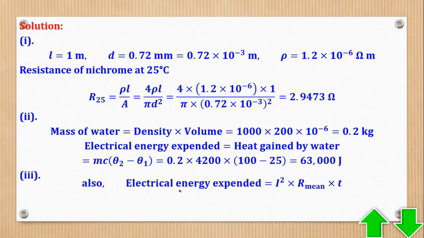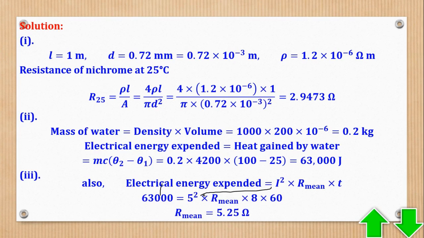So also we know that electrical energy expended is equal to I squared RT, and this will be R mean resistance. They will substitute for this, substitute for this, and substitute for this. So this was 8 minutes, you have to convert to seconds. Therefore mean resistance will be 5.25 ohms.